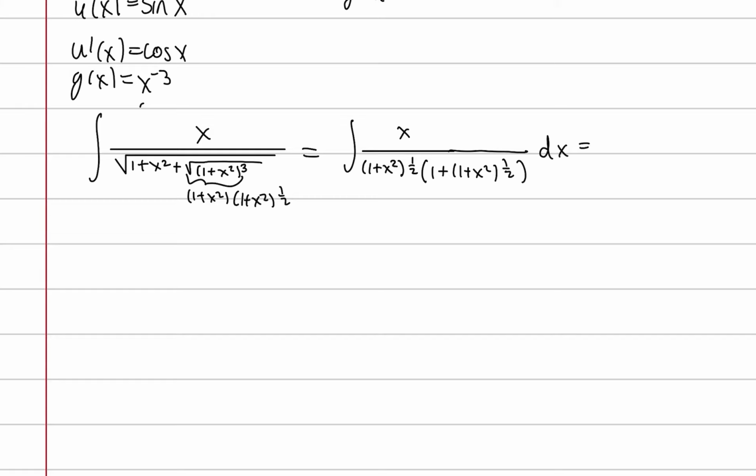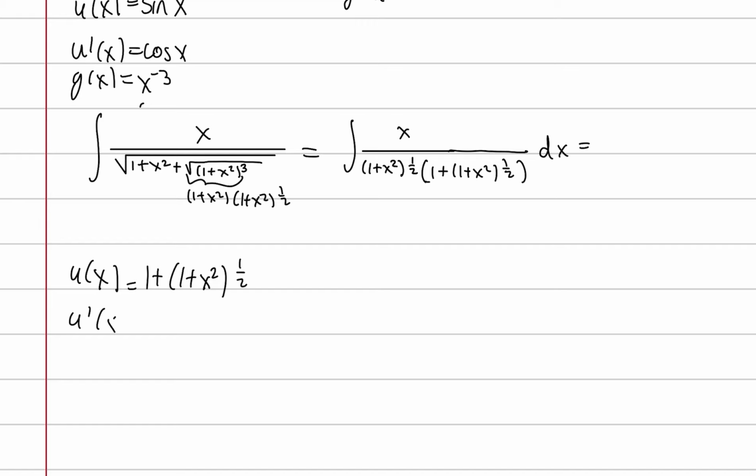So I personally think instead of choosing this to be our u, this is a more adequate u. I personally think instead of this inside, it should be this whole thing, and I'll show you why that makes sense. We're going to choose u of x to be 1 plus 1 plus x squared to the 1 half.